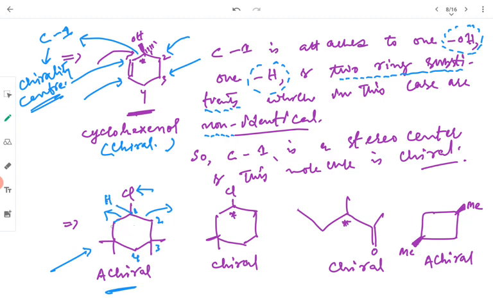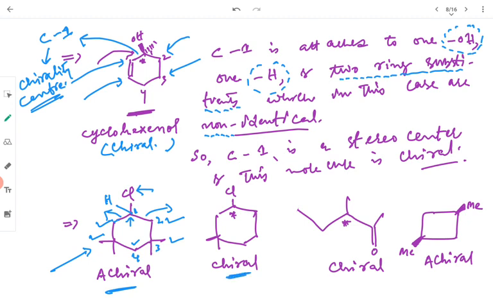But these two ring substituents, from one side you have a CH2, from the other side you have a CH2, from this side you have a CH3 and from this side you have a CH3, then from both sides you have a CH2. So both sides are similar, hence this carbon is not attached to four different groups, hence this molecule will be achiral.